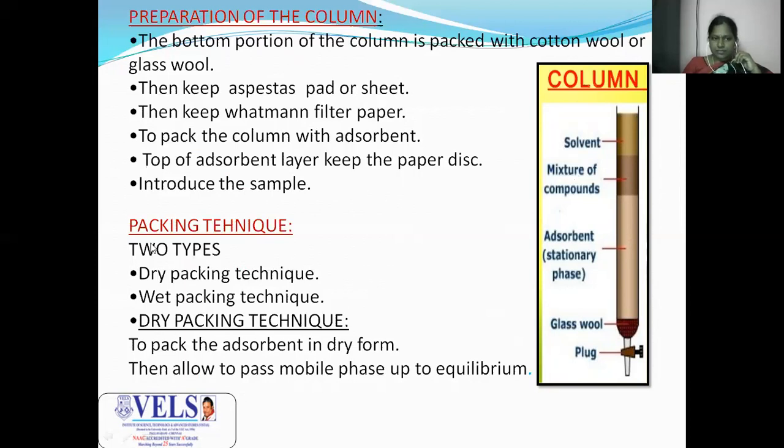Next is the packing technique. There are two types of technique: dry packing and wet packing. In dry packing, the adsorbent is packed in dried form, and only then is the mobile phase passed for equilibrium. But it has a number of drawbacks.